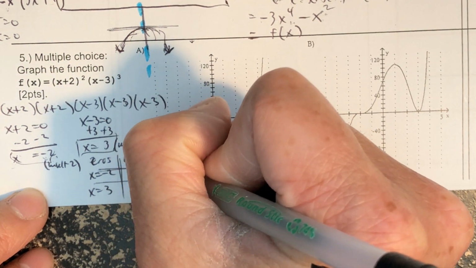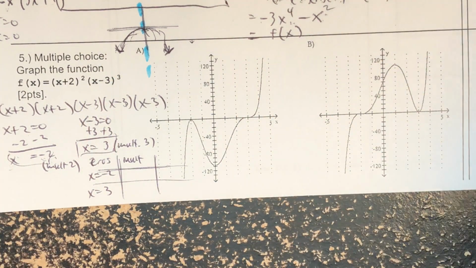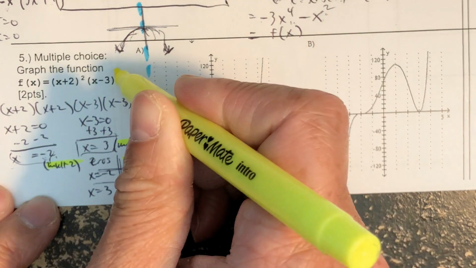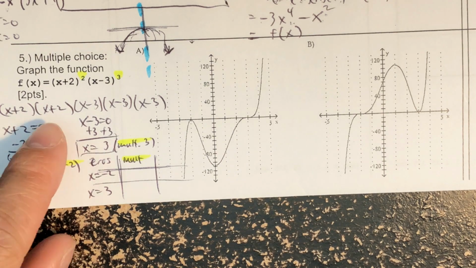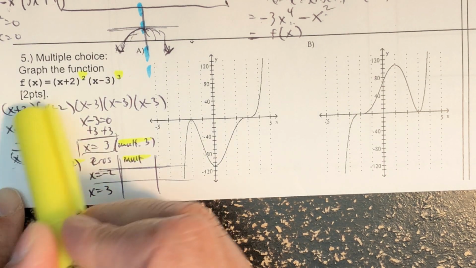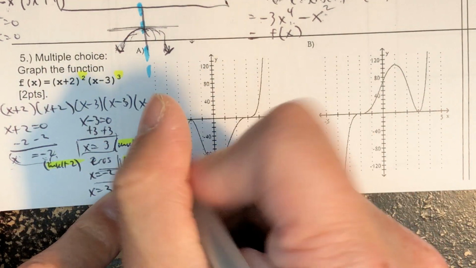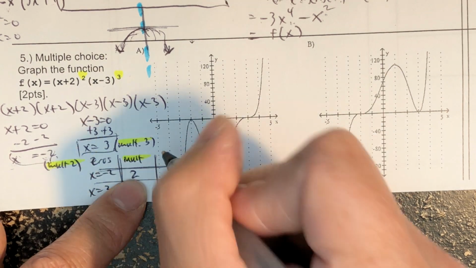I'm going to talk about their multiplicity. Multiplicity is the number up there. Do you see how it matches? So x equals -2, this is all this work over here, has a multiplicity of 2. And this one has a multiplicity of 3.